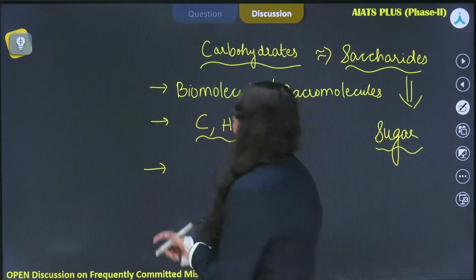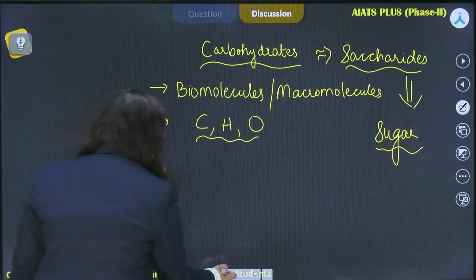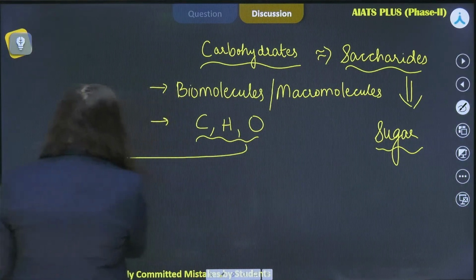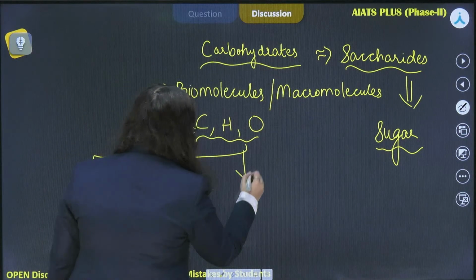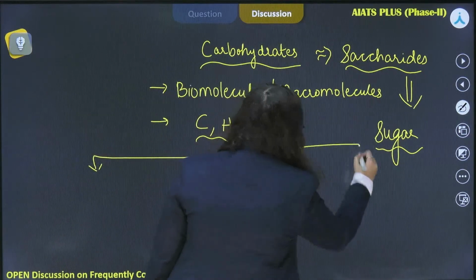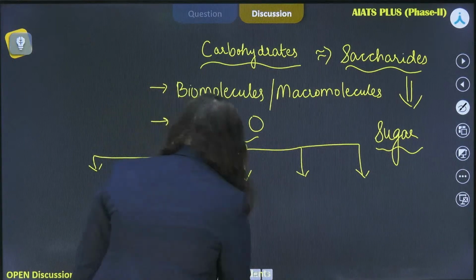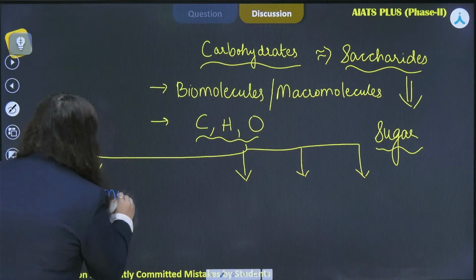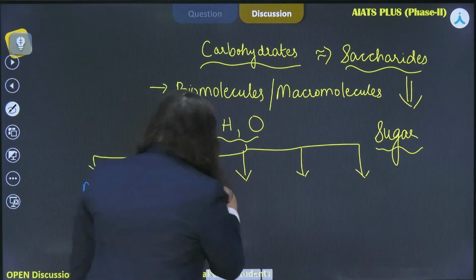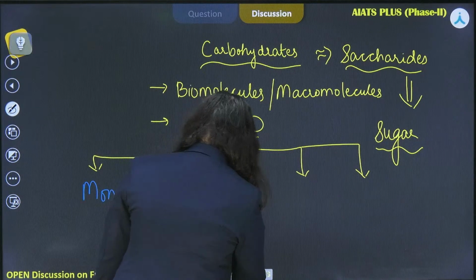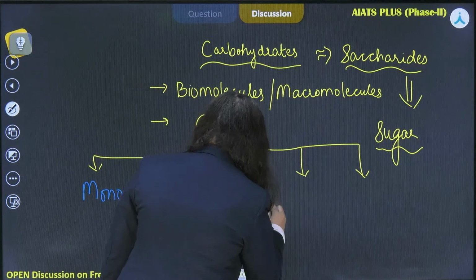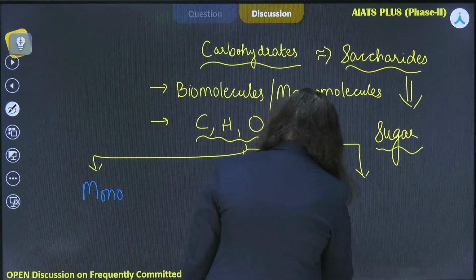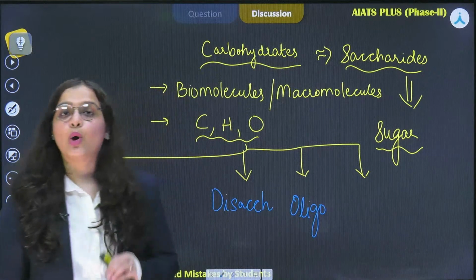Basically, depending on the number of components, carbohydrates can be divided into 4 broad categories, which are monosaccharides, disaccharides, then we have the oligosaccharides, and lastly we have the polysaccharides.